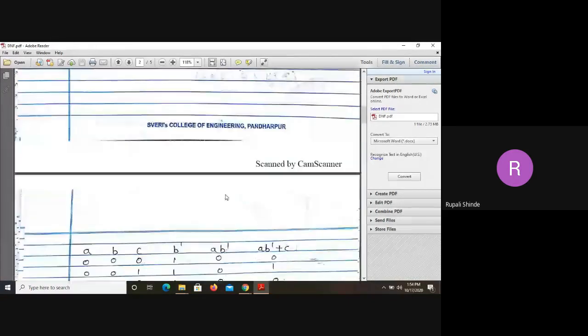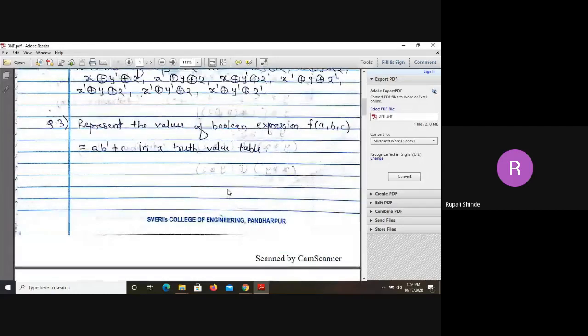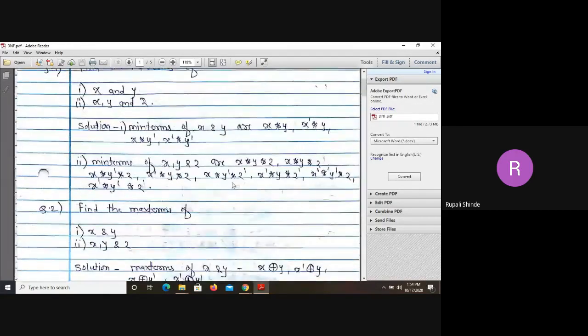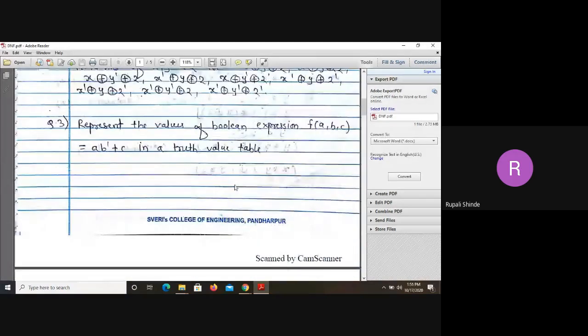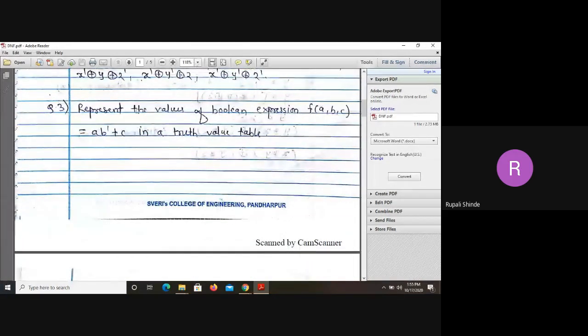So now we will solve some examples based on it and then we will cover the remaining points. Here the question is given as: represent the value of the Boolean expression f of a, b, c equals a b complement plus c in the truth table.